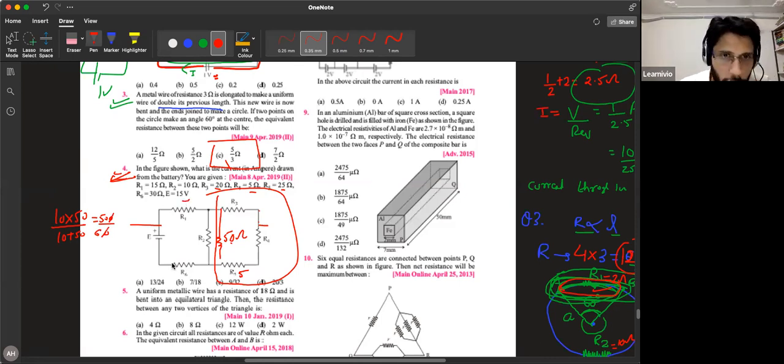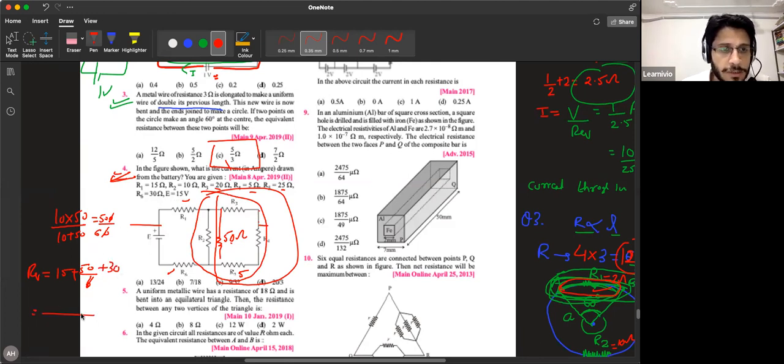Minashi, what about R1, R6 and this whole combination? What type of connection is this? In series. Series. So R1 is 15. Whole combination is 50 by 6. This R2 and 50 is parallel combination. Then you have this R6. How much is R6? It's 30.